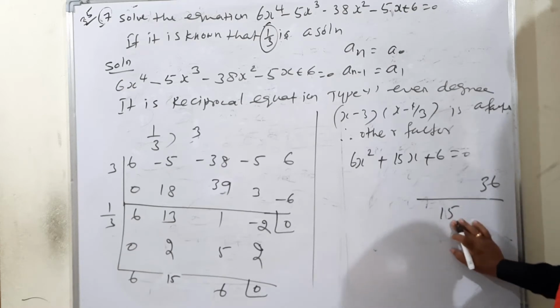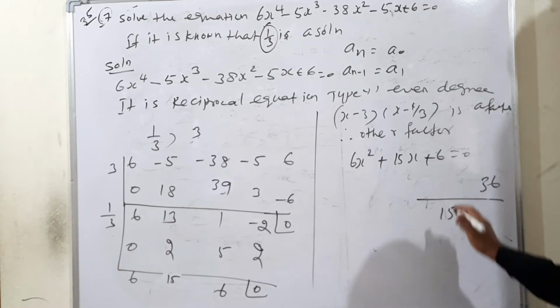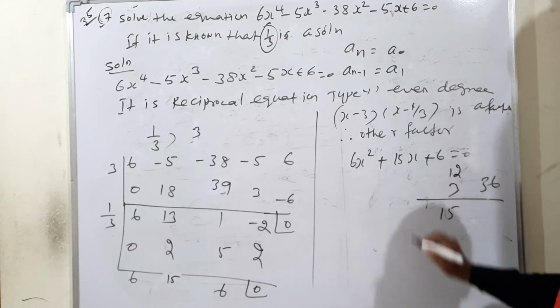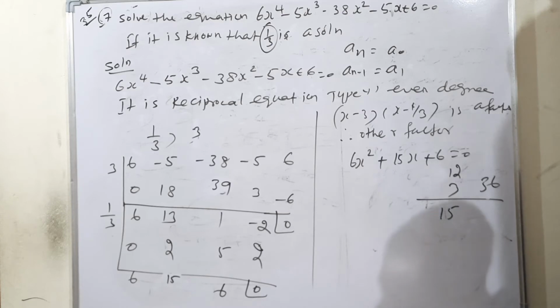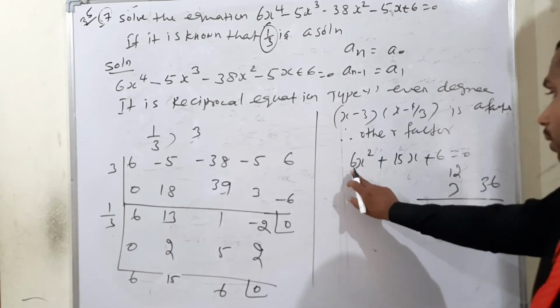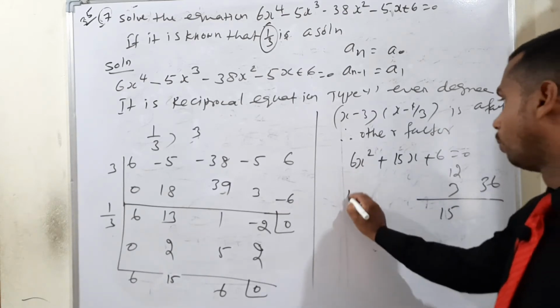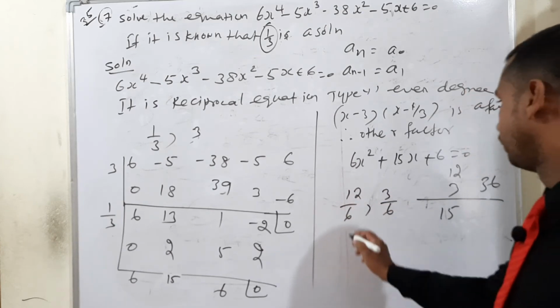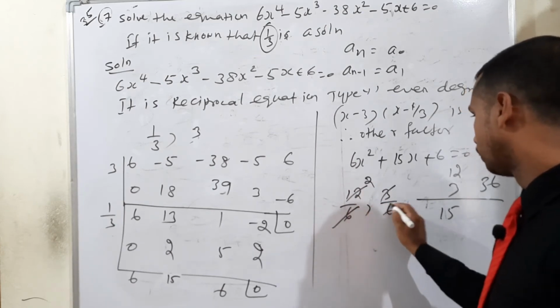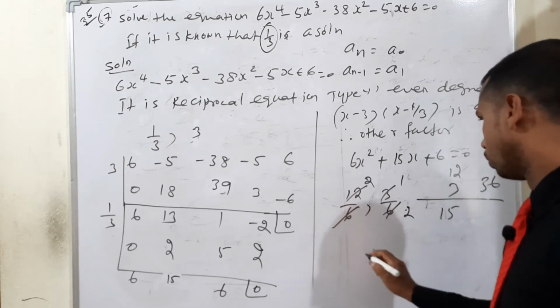But since the sum is also positive, both the times will be positive. So 12 and 3, look at there. 12 into 3 means 36, 12 plus 3 is equal to positive 15. But if we have the highest degree more than 1, divide 12 by 6 and 3 by 6. What will happen? 2 times possible. There is also 1 by 2.